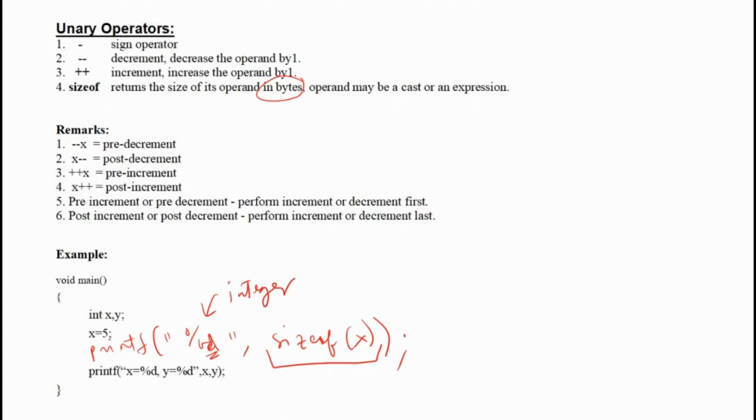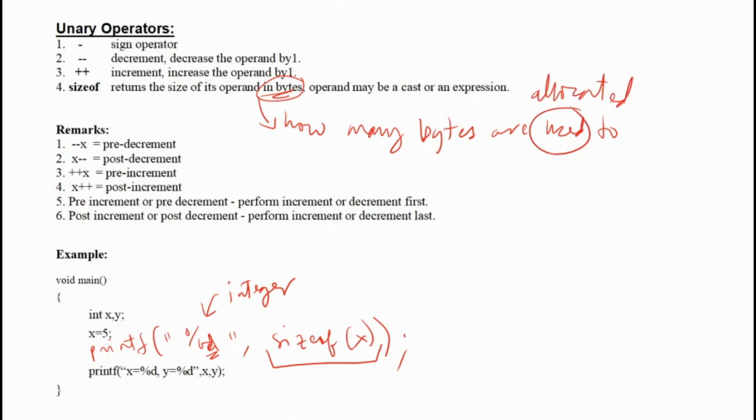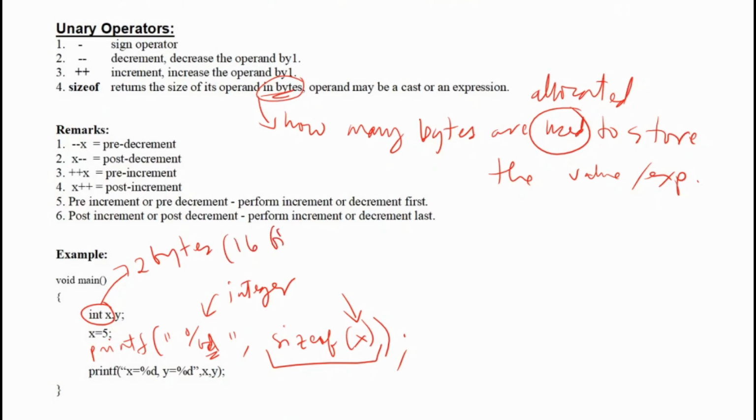Because it says here, it returns the size of its operand in bytes, meaning how many bytes are used to or allocated to store the value or the expression. How many bytes are allocated for variable x? Variable x is integer, and remember that integer is allocated 2 bytes or 16 bits, right?